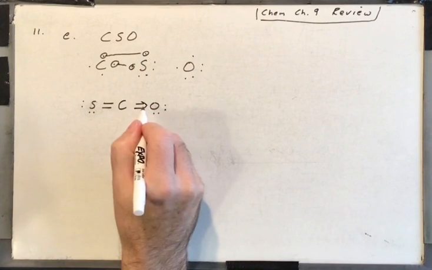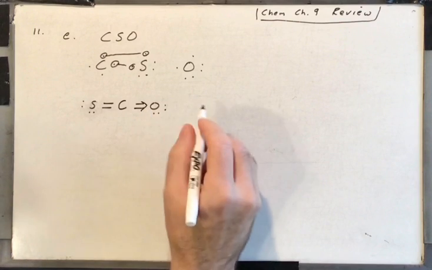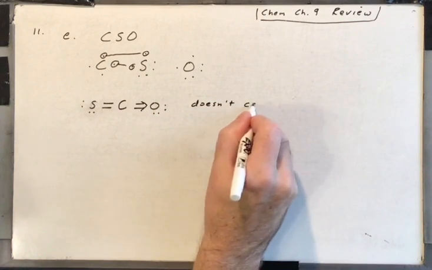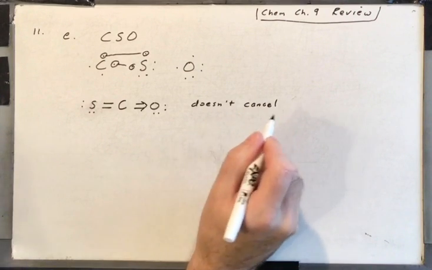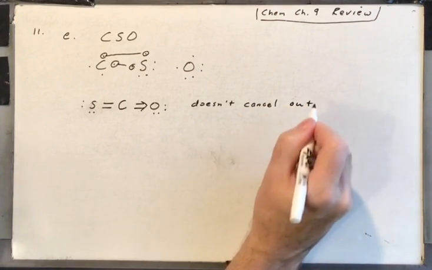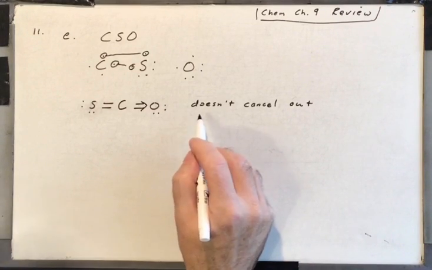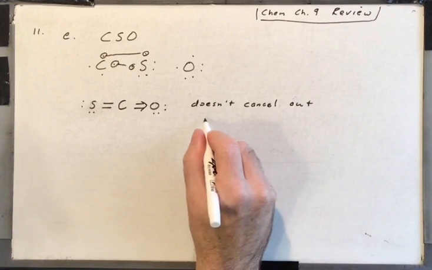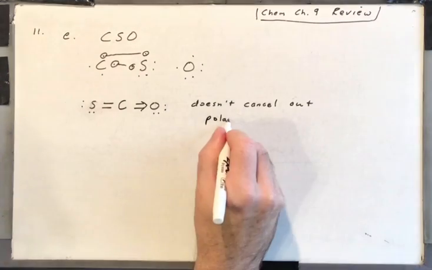It will be polar, but doesn't cancel out. So I didn't give you a purely covalent example, but you will get examples of those in the Chapter 9 extra practice problems. So this is polar.